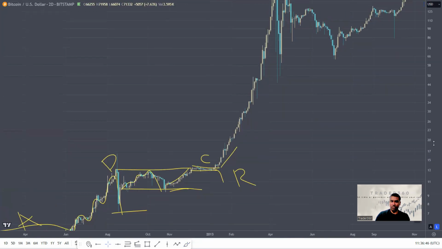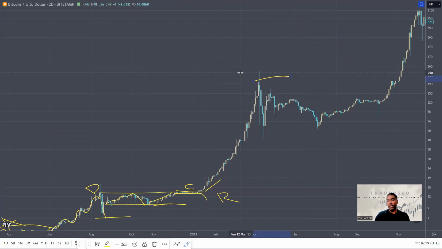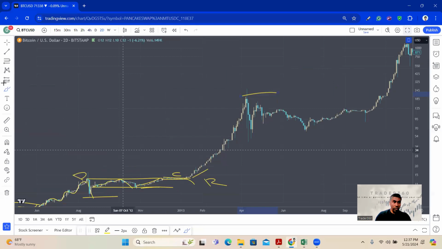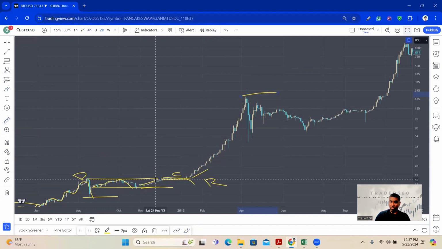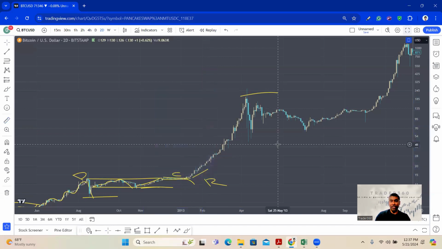Look, from here until here, this is a move of $13 to $250. It's a very big move. Let me check how long this move was. From here to here, it was an 18x, 19x move. So the prices appreciated 19-fold.